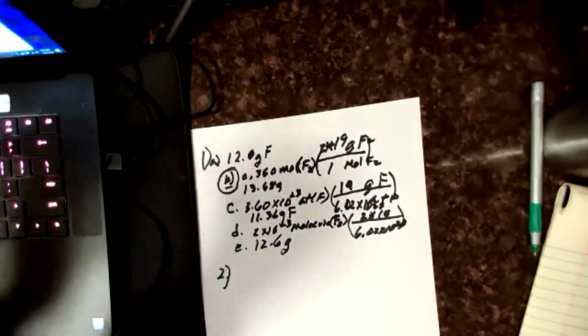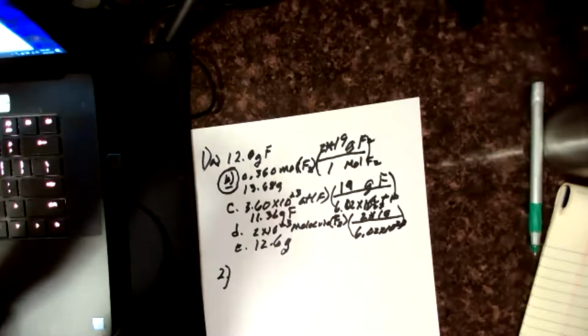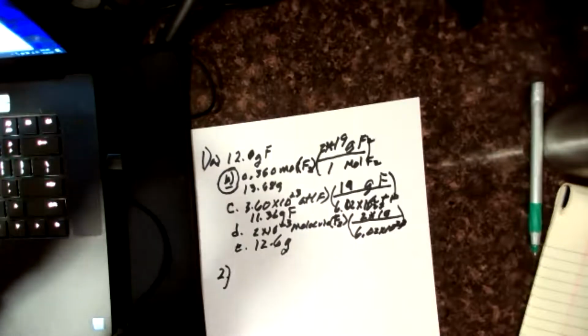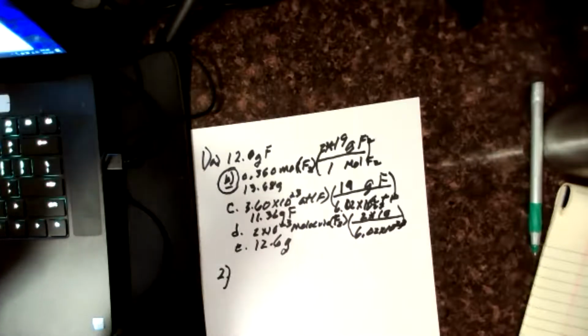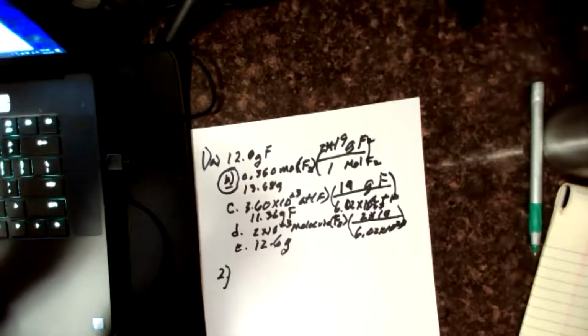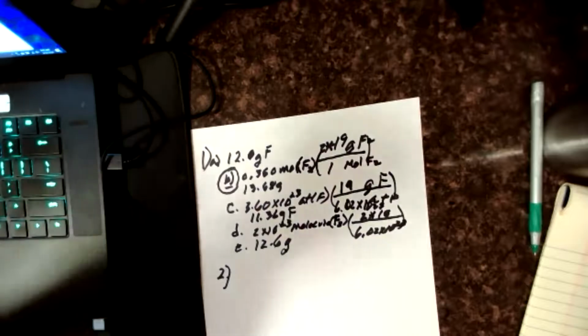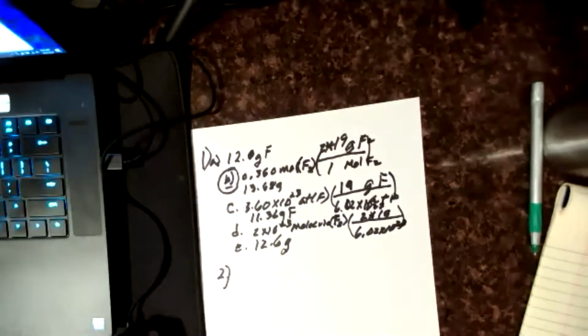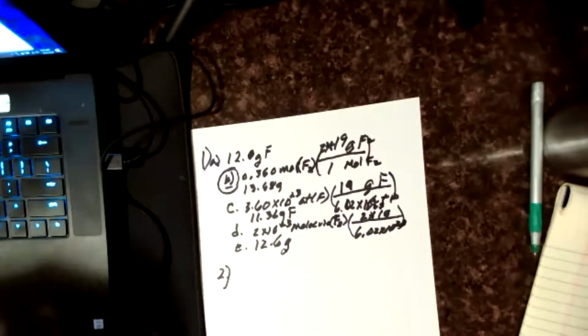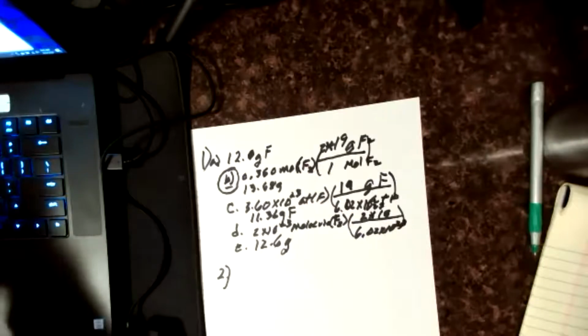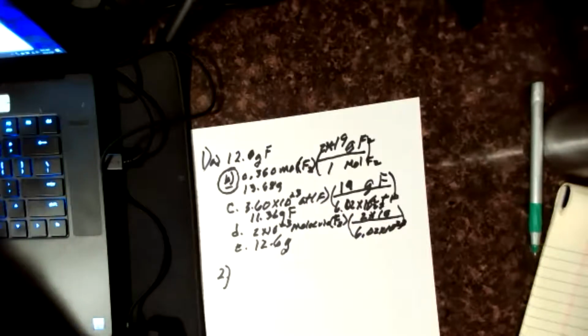So as far as we're concerned, the gases of hydrogen, oxygen, nitrogen, fluorine, chlorine, bromine, and iodine would all be diatomic.